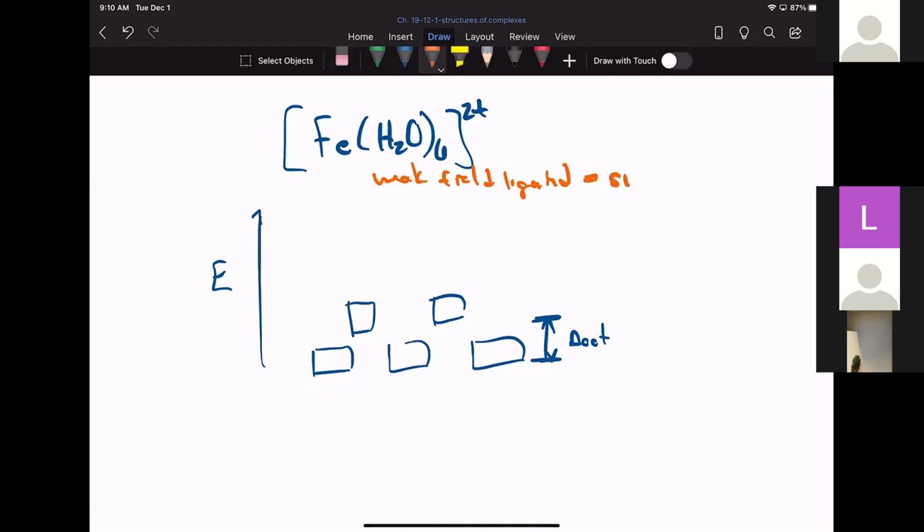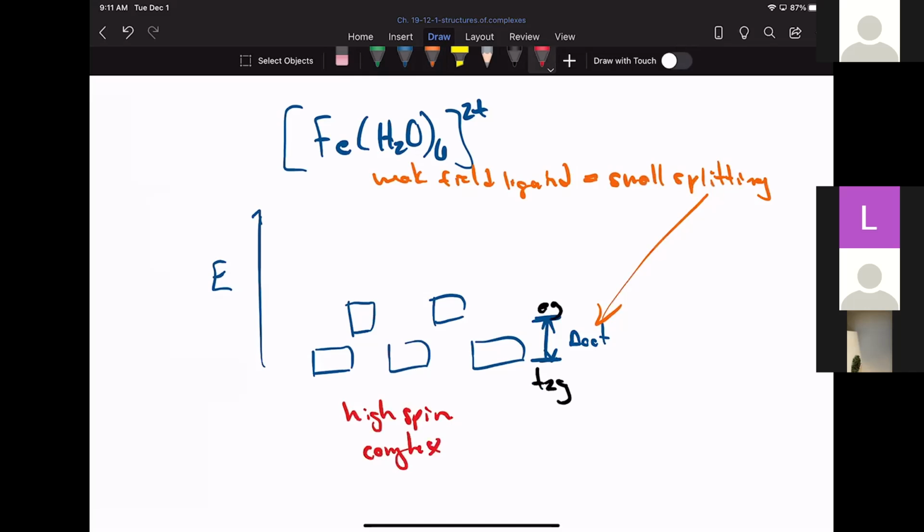Weak field ligand equals small splitting. Now there's not much difference in energy between the EG and the T2G, so we're going to consider this a high spin complex, because now these electrons can go into there.